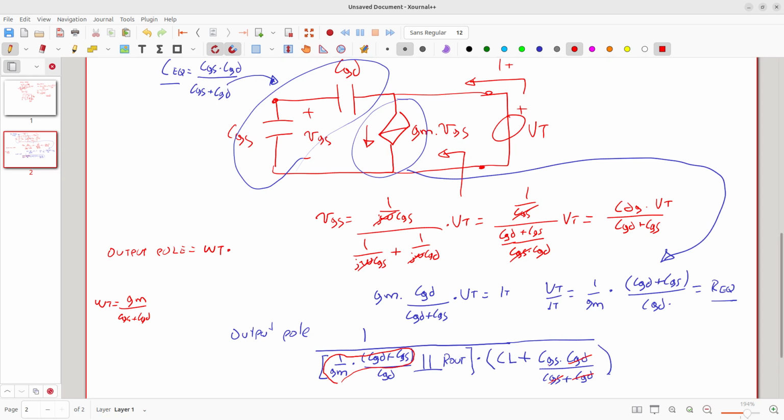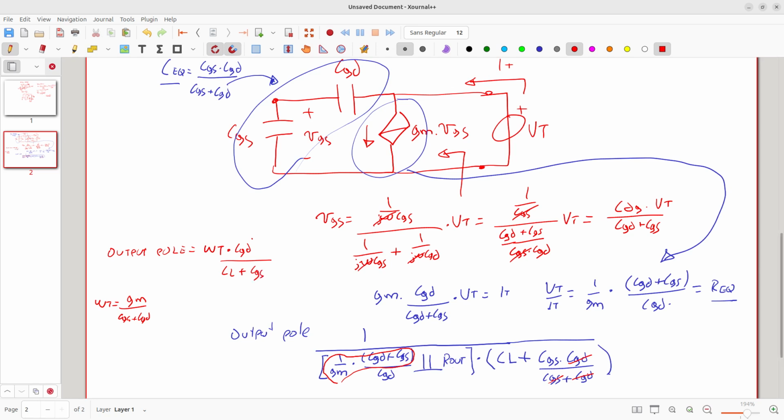This will be approximately, this goes to the denominator, the CGD, and then we have the rest that is CL plus CGS.